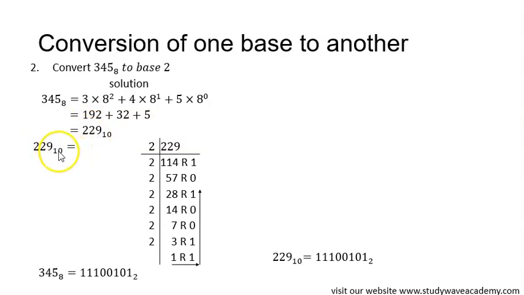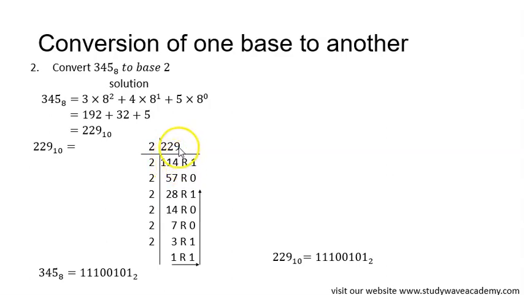So to convert 229 to base 2, 2 is going to be dividing 229, okay? So 229 divided by 2 gives us 114 remainder 1, okay? 2 times 114 is 228.